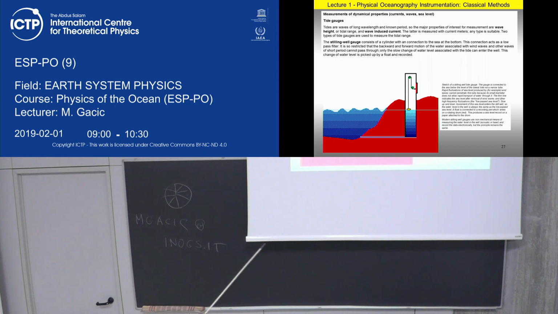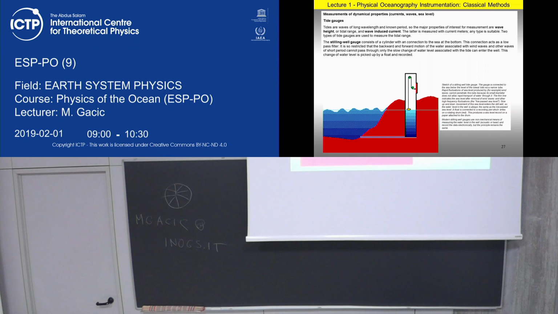Another very important thing is that tide gauges have been in operation for a few hundreds of years. The oldest tide gauge records are about 150 years old, and this gives us important information on sea level rise, right?